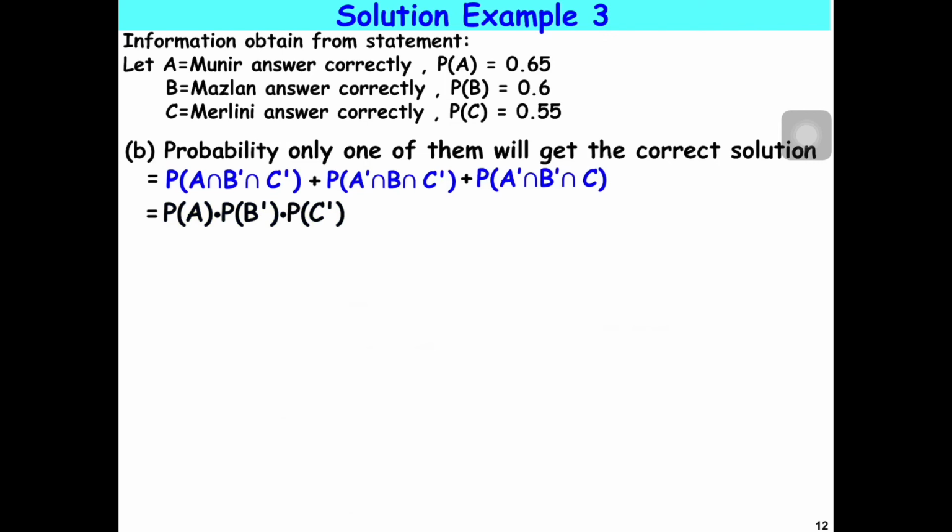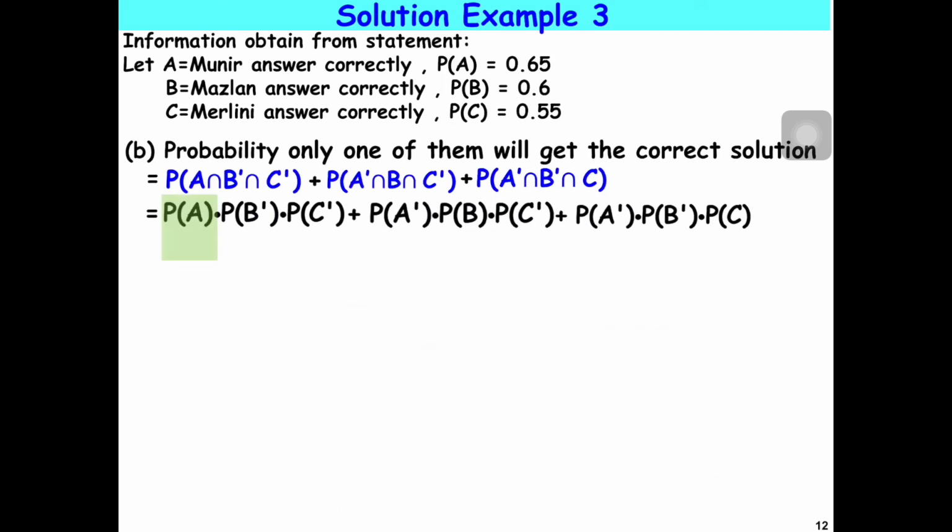Okay, so for probability A intersect B complement intersect C complement, because this is an independent event, you will get probability A multiplied with probability B complement multiplied with probability C complement, plus probability A complement multiplied with probability B multiplied with probability C complement, plus probability A complement multiplied with probability B complement multiplied with probability C.